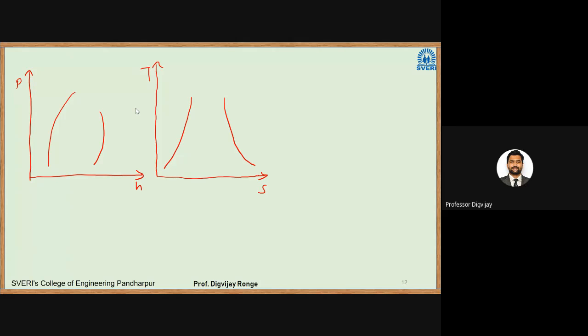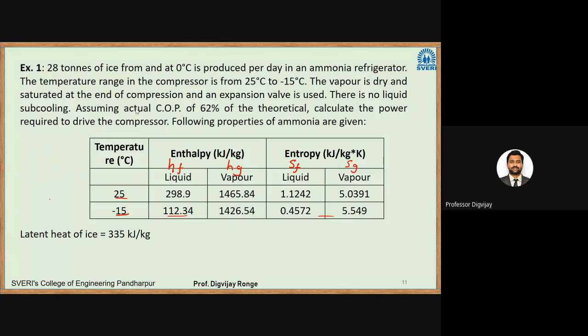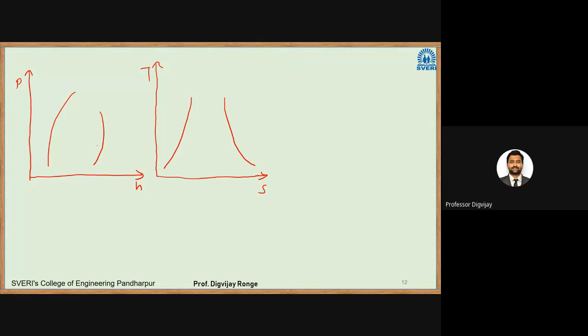Now in this case, what are they given? They are given that the vapor is dry and saturated at the end of compression. Saturated means we have two conditions, either saturated liquid or saturated vapor, but they have clearly mentioned that the vapor is dry. So that means it will lie on the saturated vapor curve.